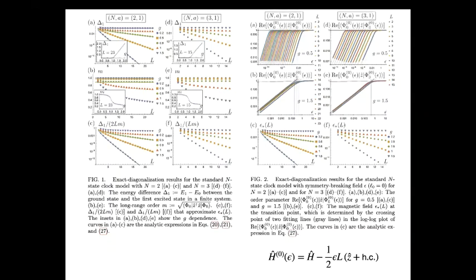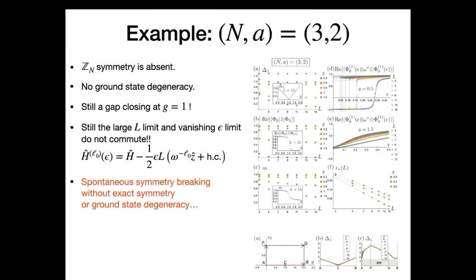So I see. Usually if you switch off your symmetry breaking field, the order parameter goes to 0. This is a log plot. But for that choice of system size, if you turn off your symmetry breaking field, the order parameter doesn't go to 0, but instead becomes some other value.